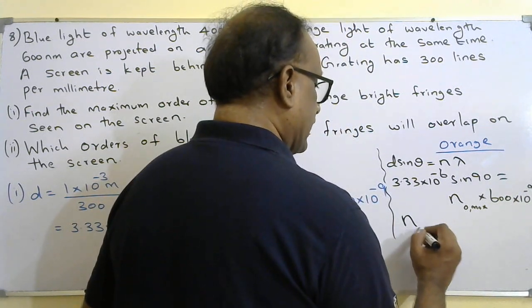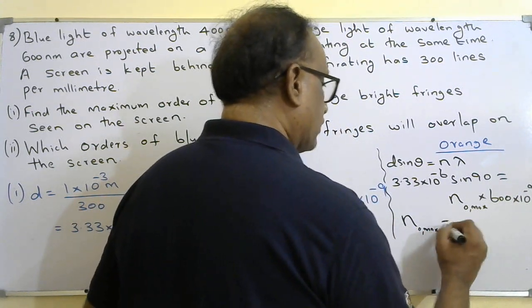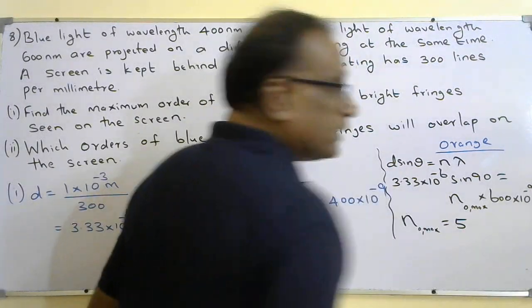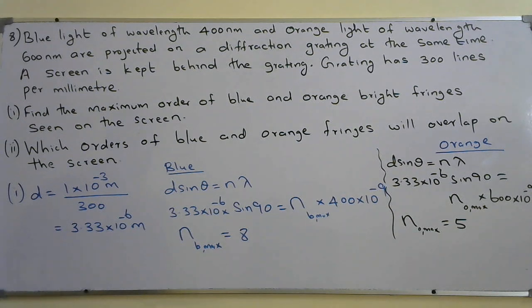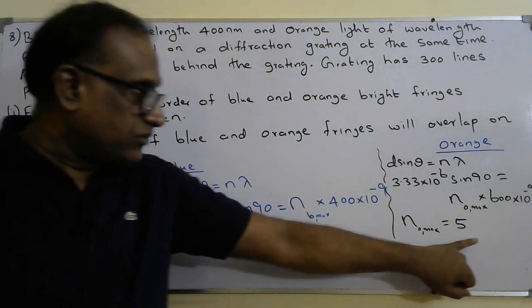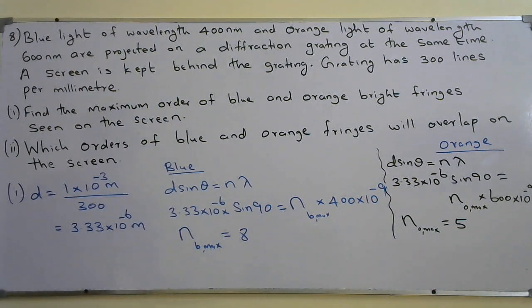So n orange maximum will be equal to 5. You will get a decimal, but the whole number is the order. So there will be 8 orders of blue fringes and 5 orders of orange fringes.